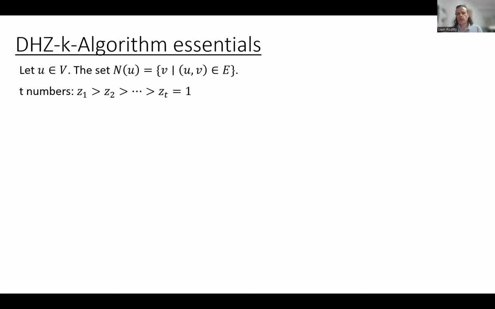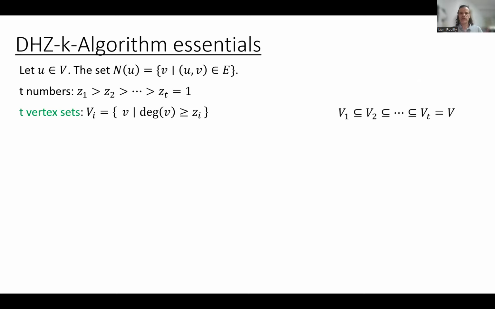And Z2 is always 1. Now we divide the vertex set into T sets, where V1 contains all the vertices whose degree is very high, at least Z1, and so on. As you can see from this definition, V1 is a very small set because only vertices that have a very high degree are there, and V2 is a bit larger, until VT becomes the entire set of vertices.